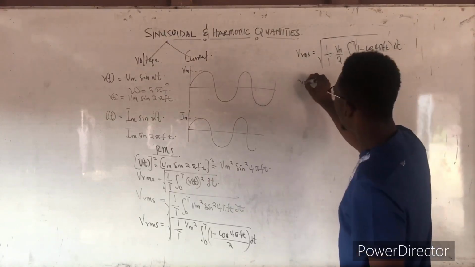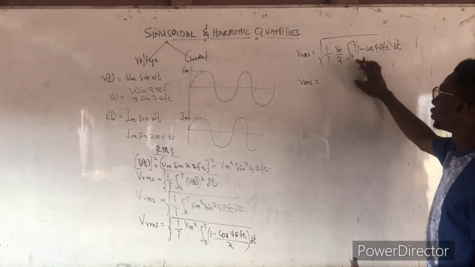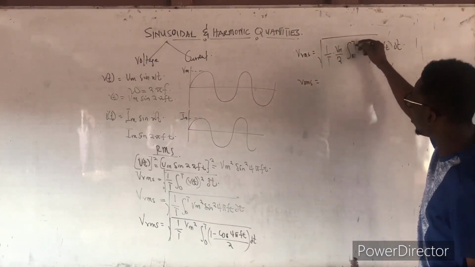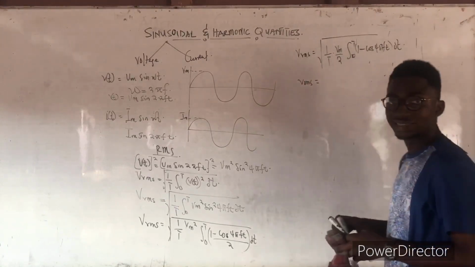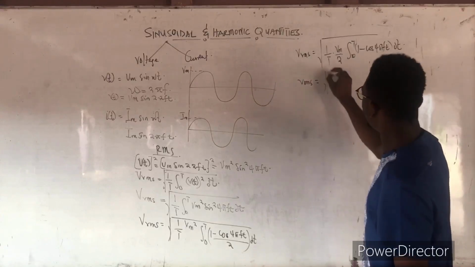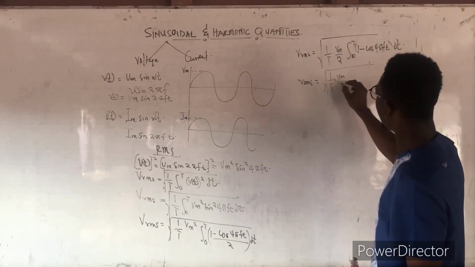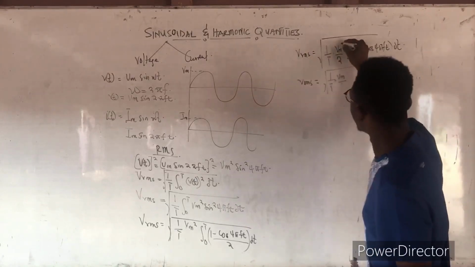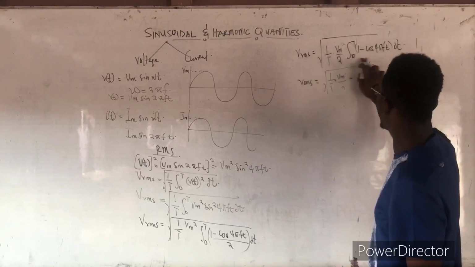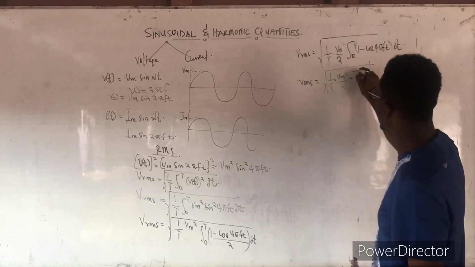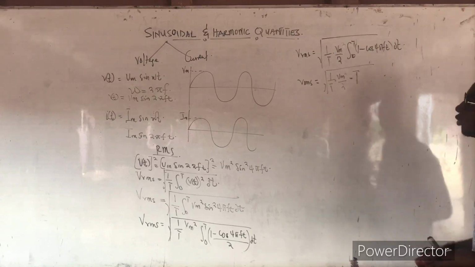Now with this function in the bracket, when you integrate it with respect to the limit 0 to t, you will get t. So when you integrate, you get 1 over t times Vm squared on 2, times t.